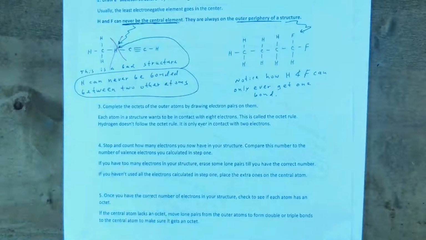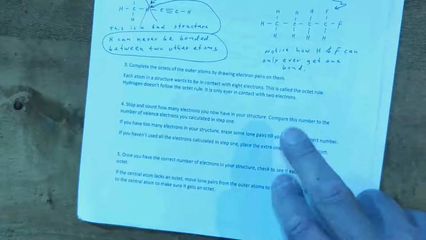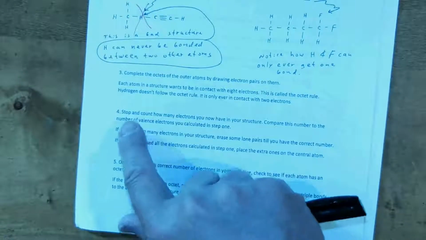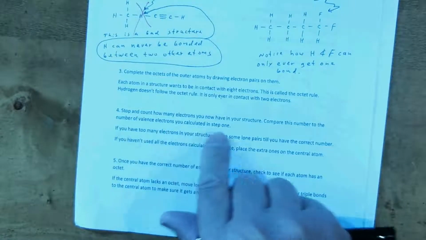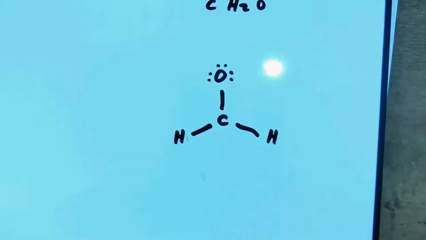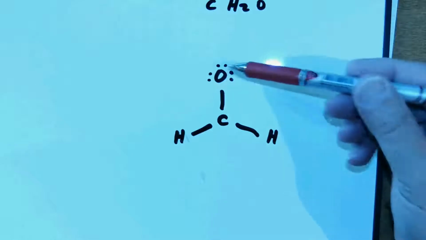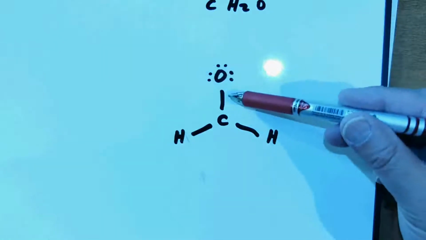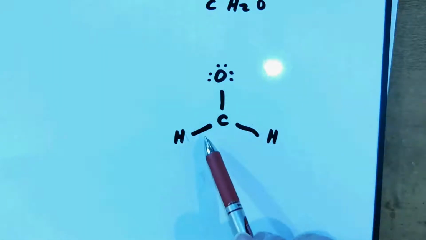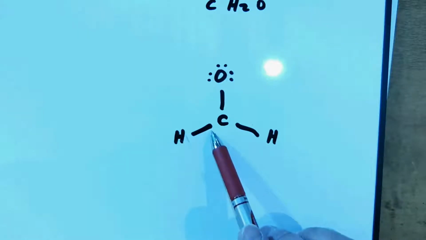Next step, you want to stop and count. So the fourth step here says stop and count. How many electrons do we have in our structure? Well, if I stopped here and just counted, I would end up counting, let's see, 1, 2, 3, 4, 5, 6, 7, 8, 9, 10, 11, 12.